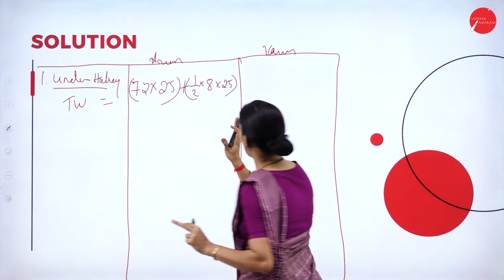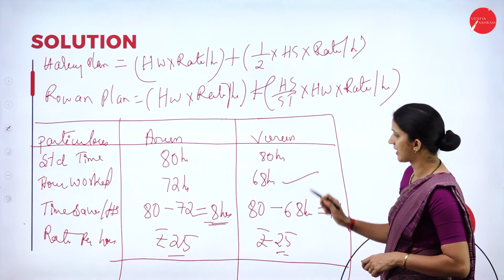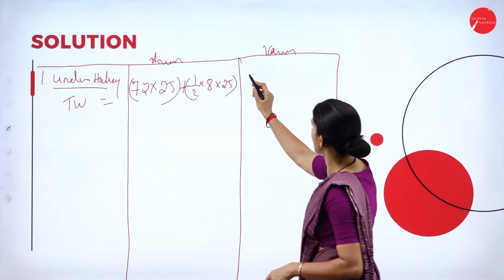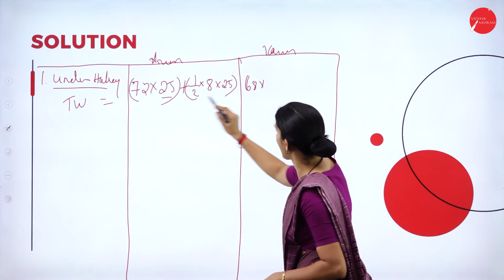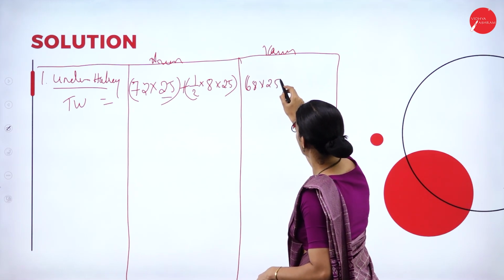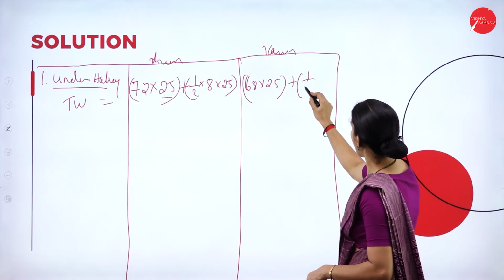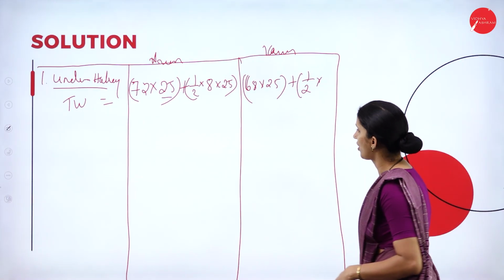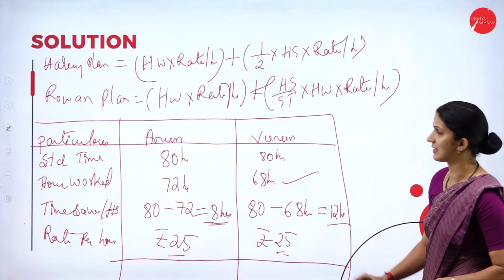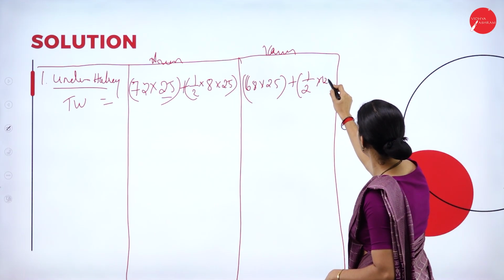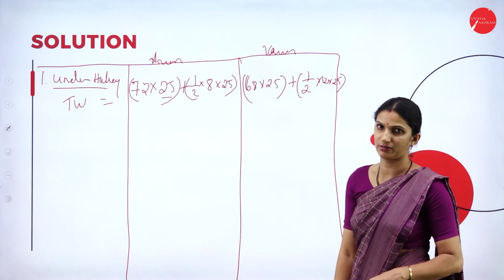Again you can calculate for Varun also here. See for Varun, hours taken is 68 hours. 68 hours into rate, same for both, 25, plus again bonus, half of time saved. So what is the time saved for him? Here it is 12 hours. So 12 into 25, the per hour rate.